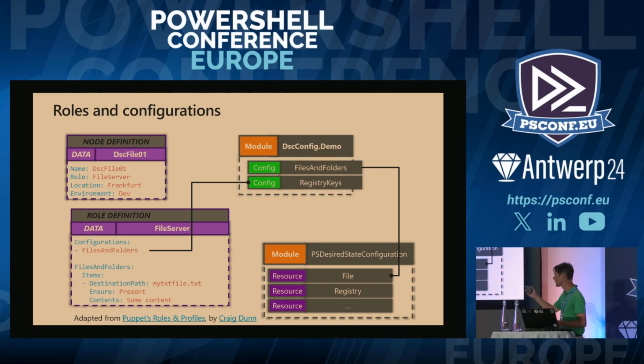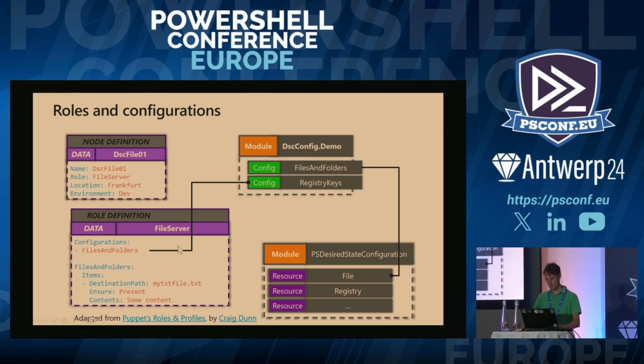So here, for example, we are creating files and folders on the file server level, but we could create other files and folders on the node level, and all this data then is merged together and then passed to the composite resource. The composite resource does the translation as required and passes it on to the file resource.